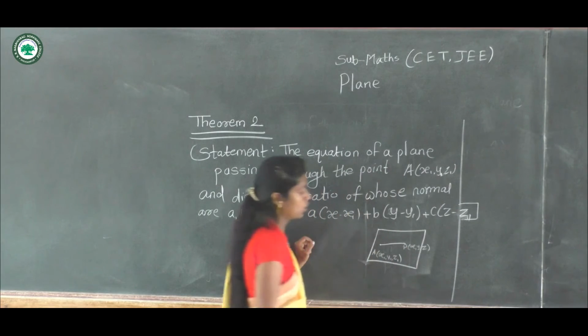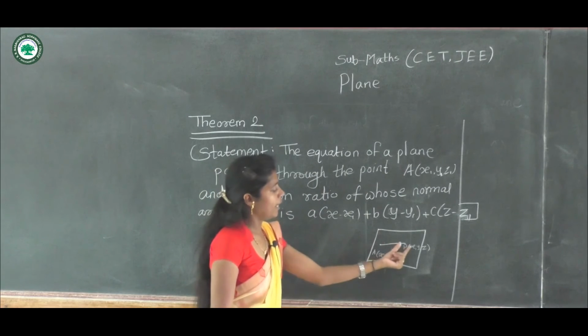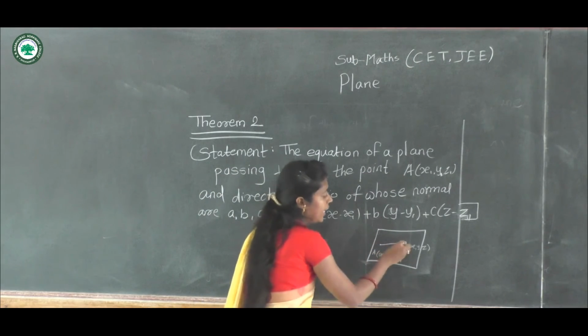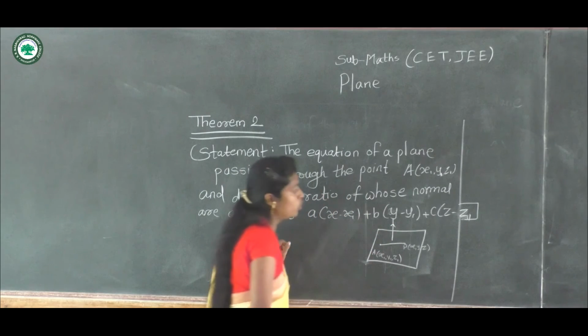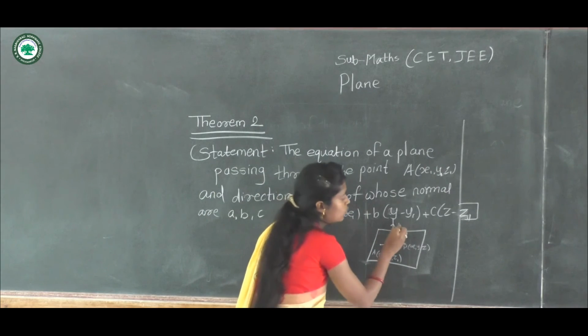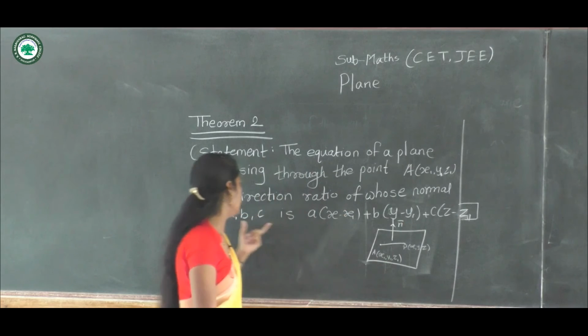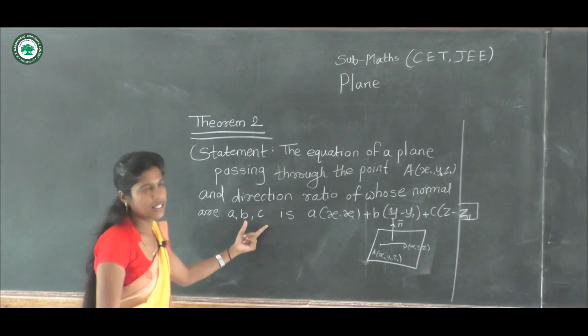Join A and P, line AP, and taking the normal, the line perpendicular to the plane, whose coordinates are A, B, C.